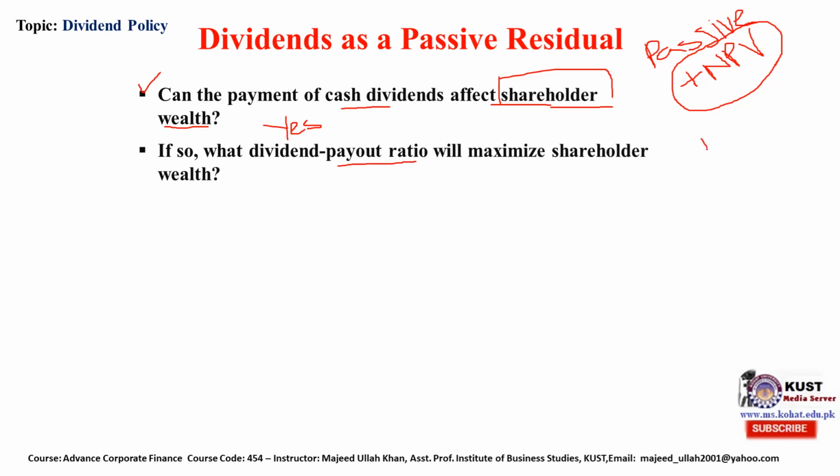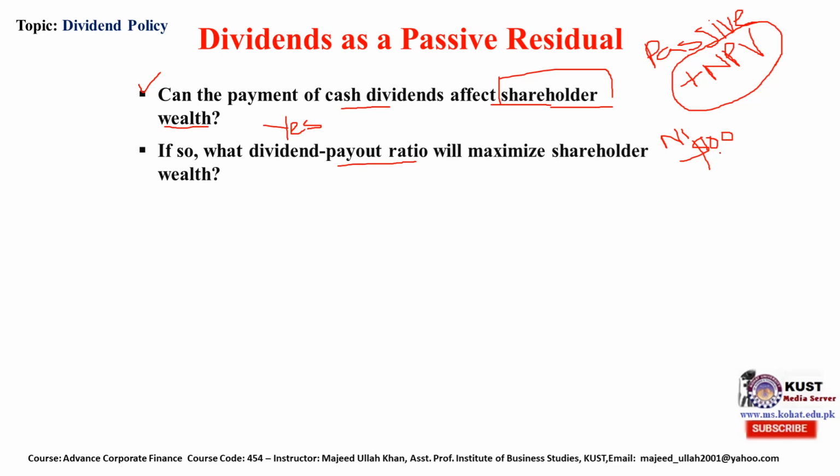For example, if a company earns 100 rupees or $100 in a year, that is net profit or net income available to shareholders.